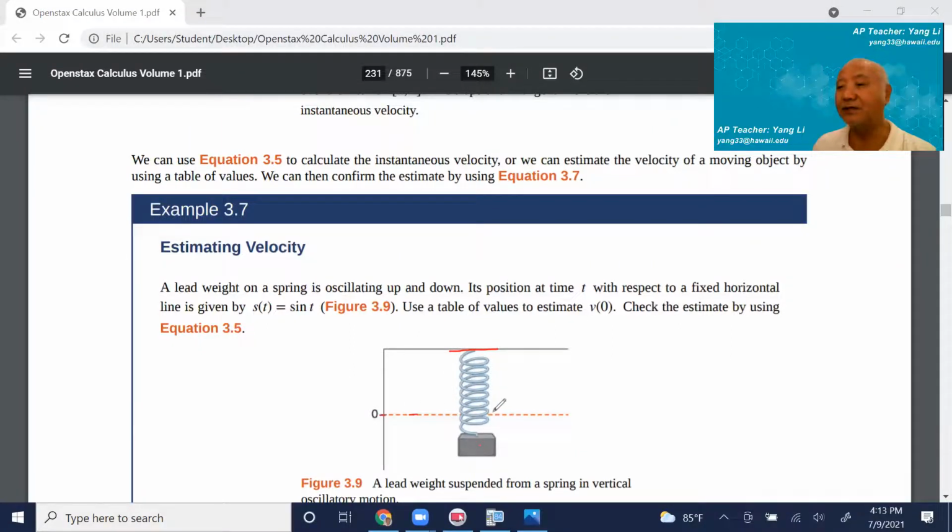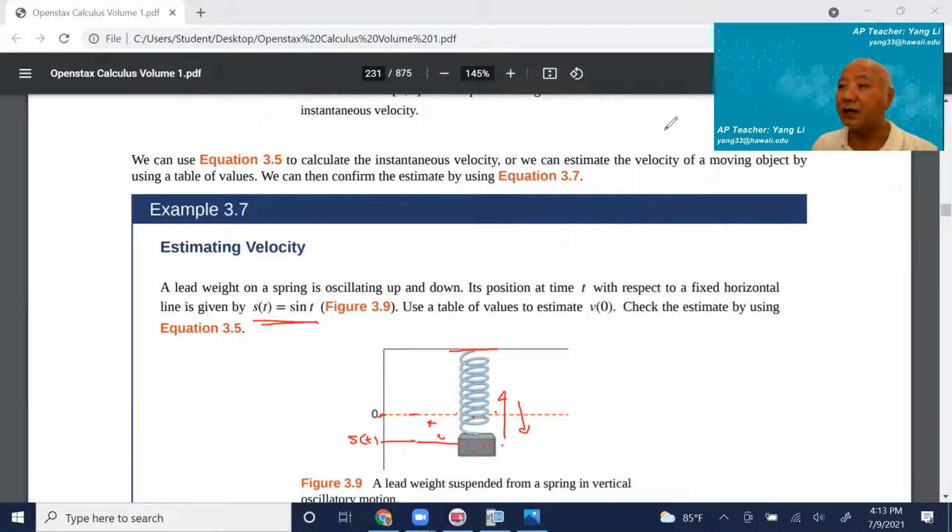This is the balance point. When the object is pulled beyond the balance point and you release it, it goes up and down. This is called harmonic motion. The position at time t, how far away from here to here, follows this function that they give.